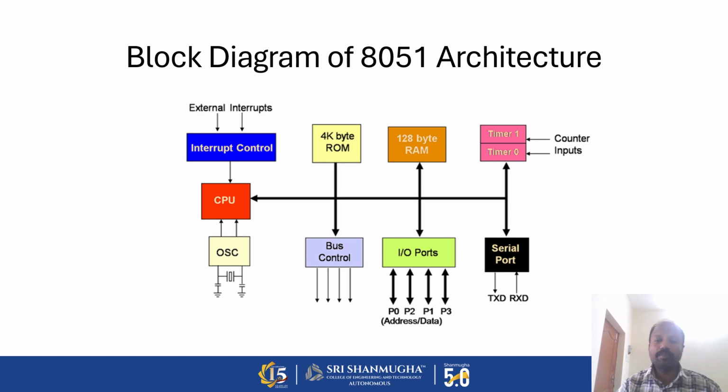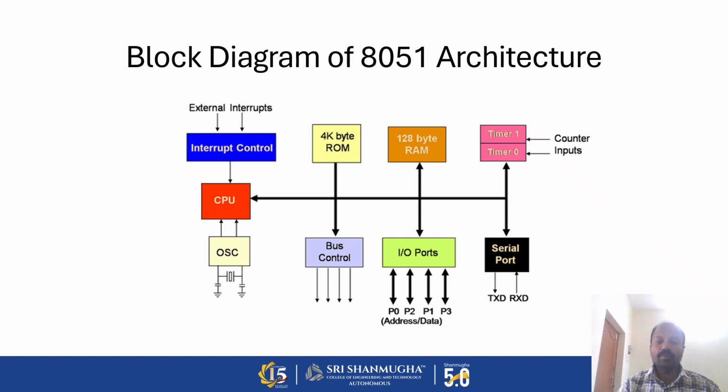We have 4 kilobytes of ROM, that is read only memory, 128 bytes of RAM, random access memory, and two timers, timer 0 and 1, used for timing calculation and also for counting. Then we have the serial port, through which we can do serial communication, where the TXD and RXD pins are used.